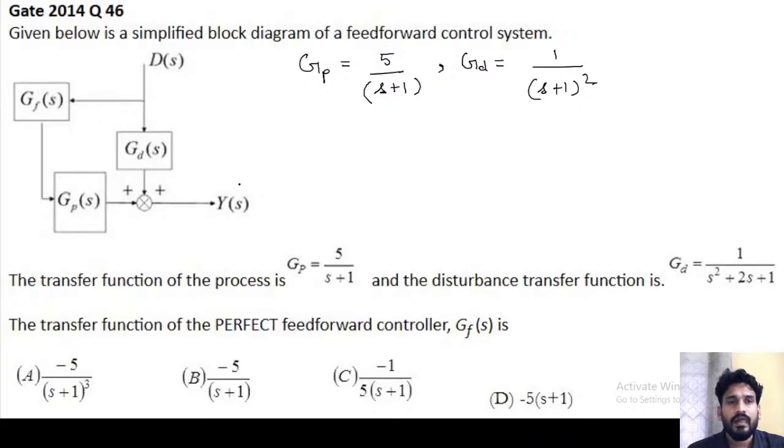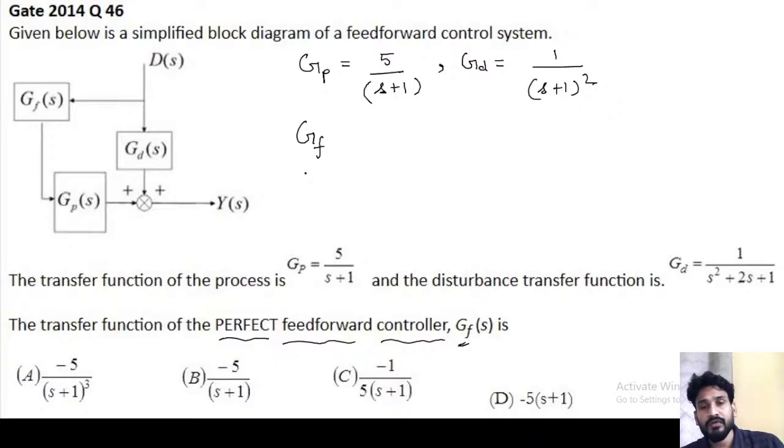Is it clear? And what is the question saying? See, the transfer function of the perfect feed forward controller GF. So here GF is actually my controller transfer function, not the final control element transfer function. Here notations are used differently.